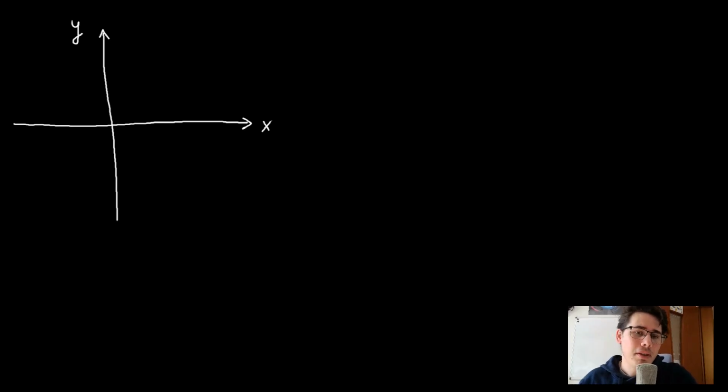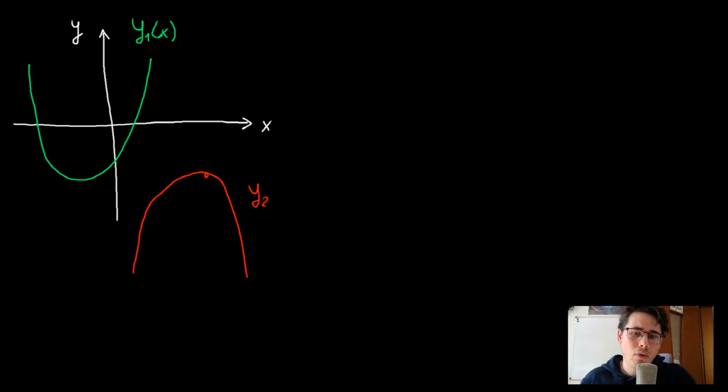So let me draw, actually, let me go like this. I'll draw a random quadratic function. Okay, so this is a green one. Well, let's call it y1 of x, and let me draw a red one, which is located, let's say just here, and this is y2 of x.